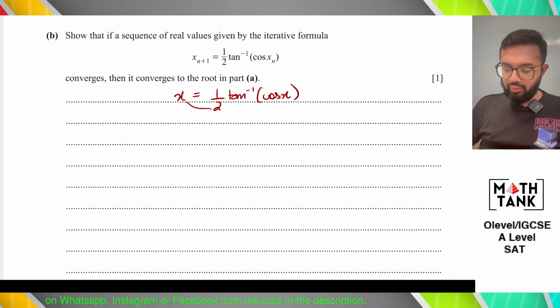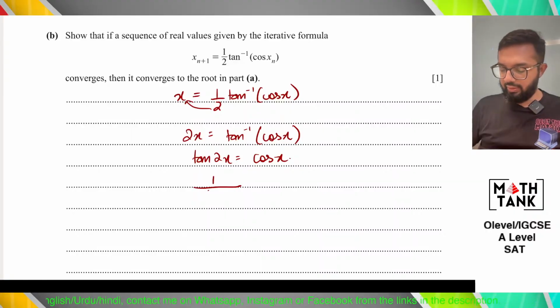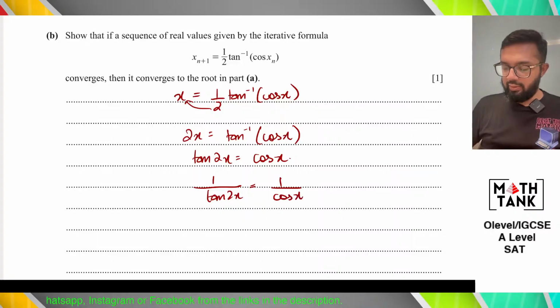I cross multiply this: 2x equals tan inverse of cos x, so tan 2x equals cos x. If I take a reciprocal on both sides, this becomes 1 over tan 2x and this becomes 1 over cos x.